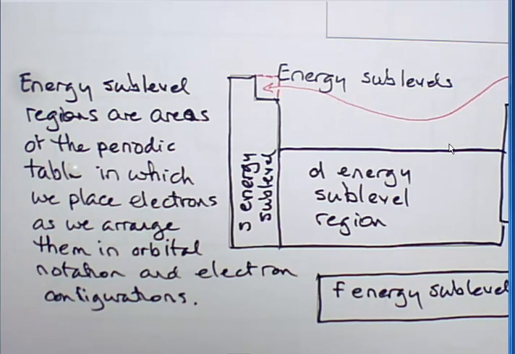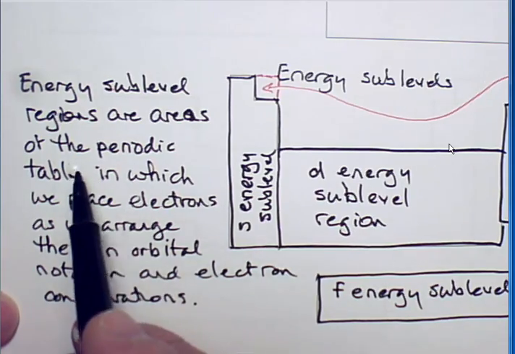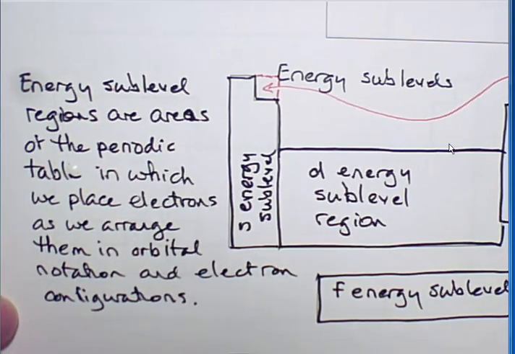Energy sublevels, or sublevel regions, are areas of the periodic table in which we place electrons as we arrange them in orbital notation and electron configurations. That's about the best I can tell you what it means, okay?